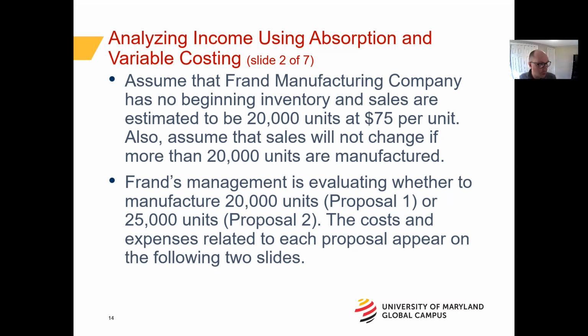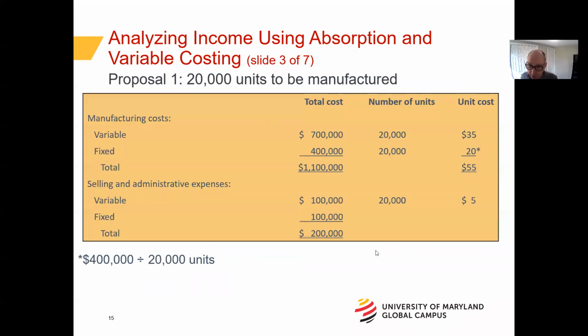Well, as a cost accountant, as a major of accounting, we would run a differential analysis. Of course we would, for the two proposals. But let's take a look at what that would look like.